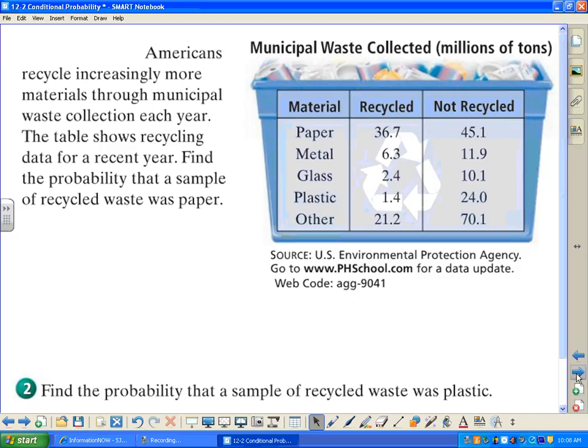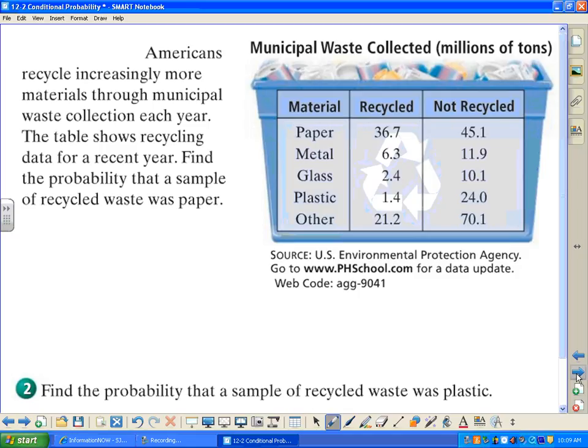Yes. Now, how did you get 124.7? You added up just the recycled stuff? Okay, absolutely. Now, the thing about this, and you got one step ahead of me, is that this one isn't worded the same way that I worded the last ones.